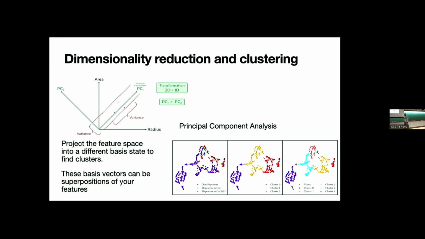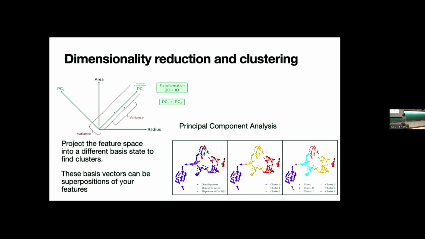So you can use these eigenvalues to figure out whether something has an astrophysical signal or something doesn't. Then you can take these different features, right? Because we are basically projecting them to the different basis state. And then you can plot those against each other as well and do some clustering there.